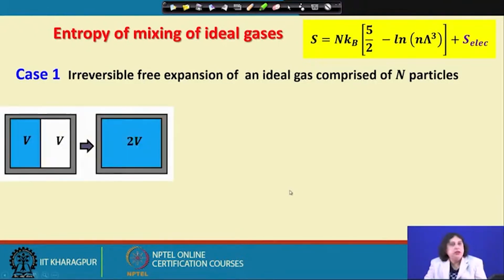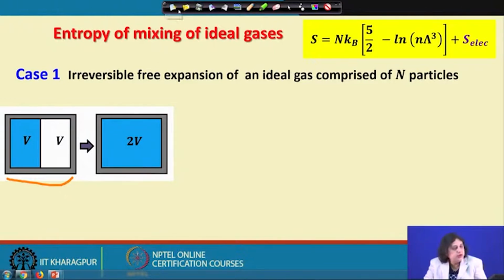So, my initial system is something like this: I have a partition separating the entire volume into two equal volumes, V on this side and V on the other side, and this part is evacuated. If I now withdraw this partition, the gas will undergo a free expansion, which is an irreversible expansion, and the final volume of the gas is going to be 2V.